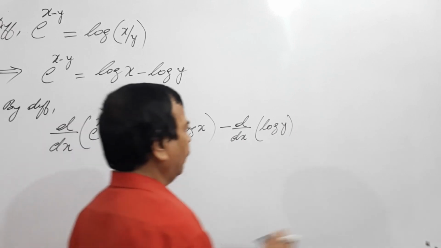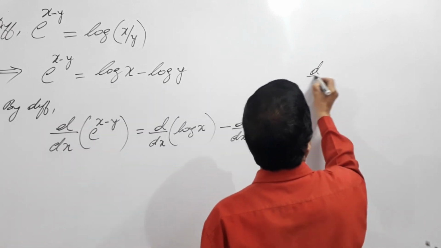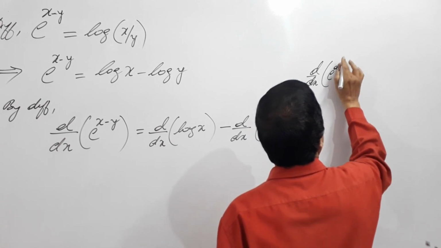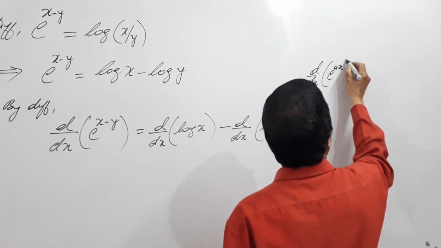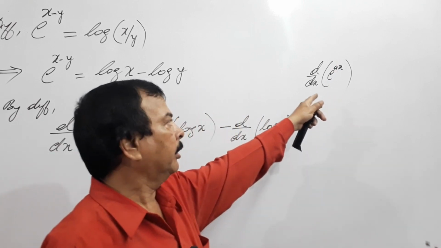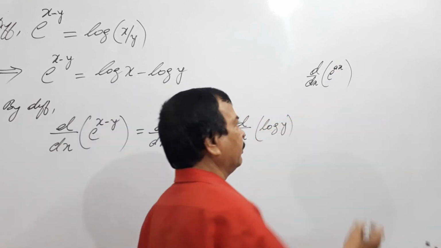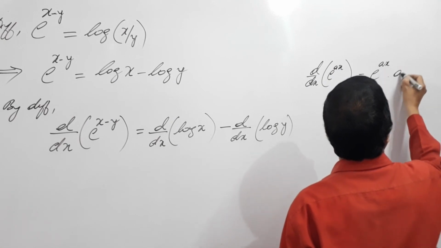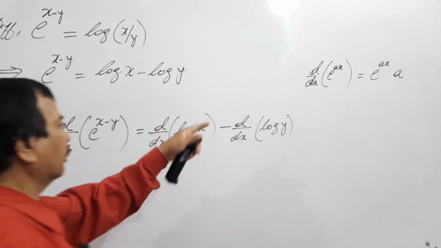So what about this? d by dx of e to the power of ax. What is d by dx of e to the power of ax? We know that this becomes e to the power of ax into a, right? We will use that concept here.